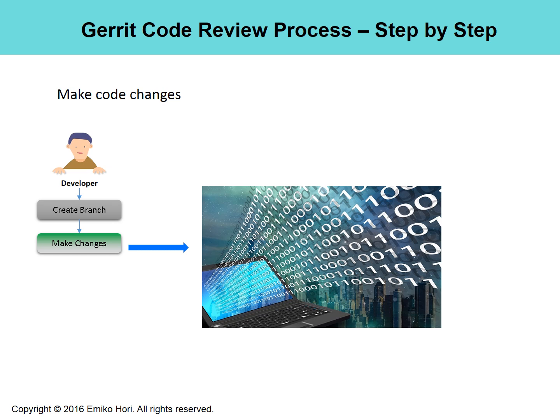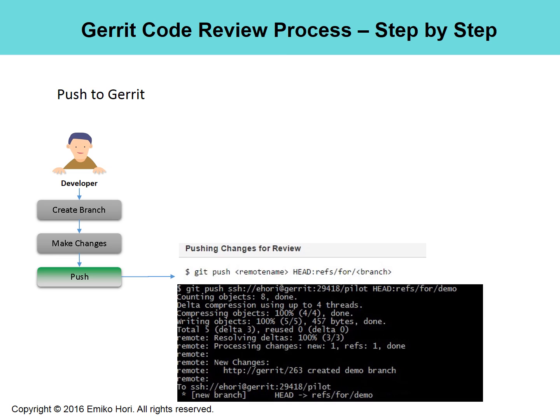Then, the developer can make code changes. After the code change, the developer can finally push the commit to the Gerrit server. Now, this git push syntax is very similar to regular Git. However, we also need that magic number 29418, as you see.